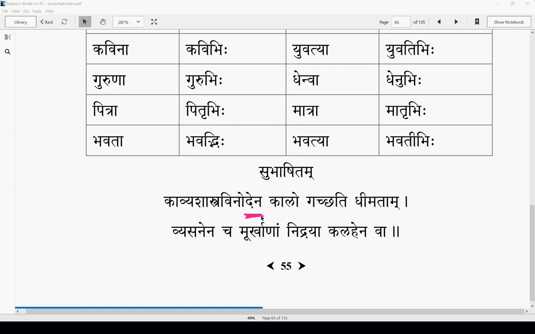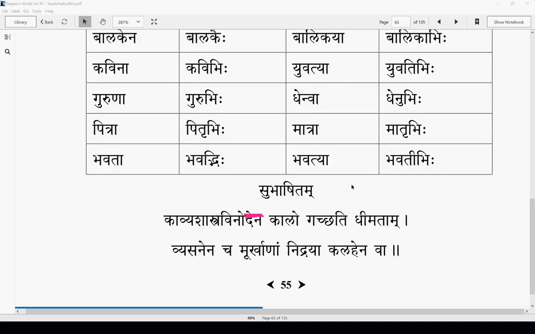So here Dena is this. So what vibhakti is this? Tritiya. Tritiya, like Chamasena, Vahanena, like that. And here it is Kalo. Kalo is actually Kalaha, so because of Sandhi it has become Kalo.